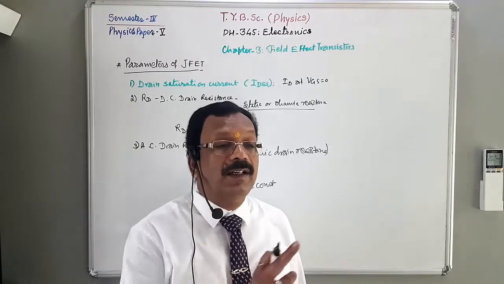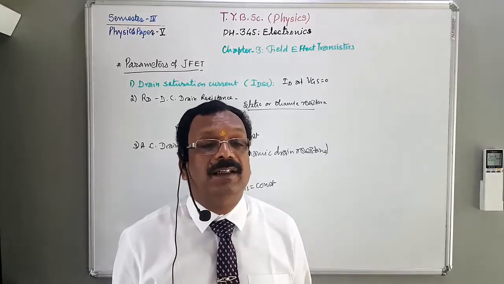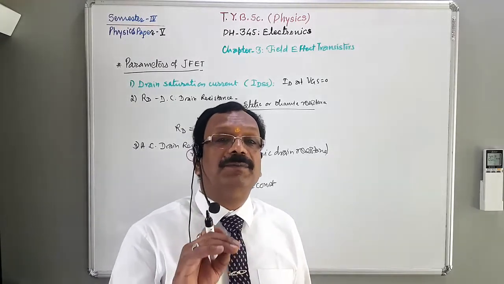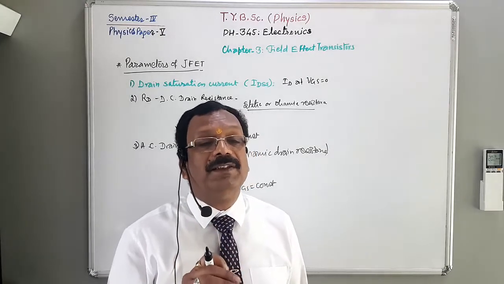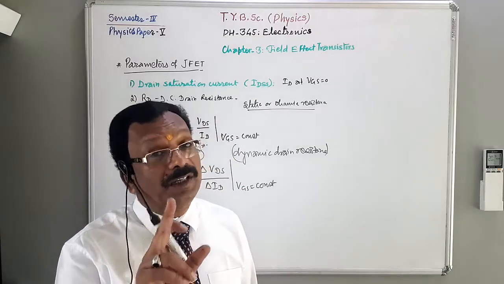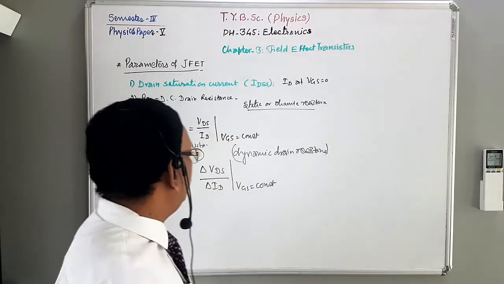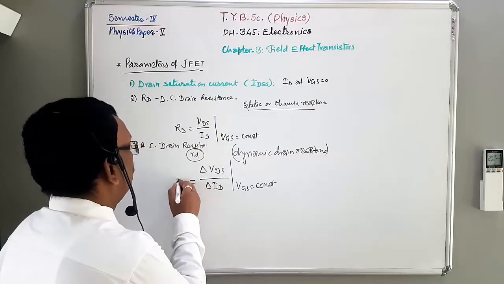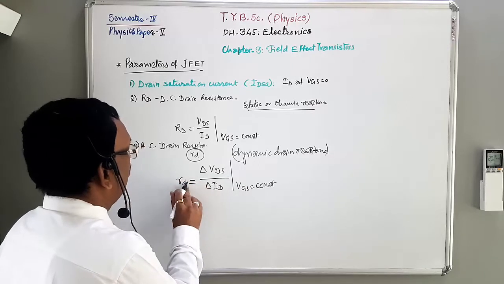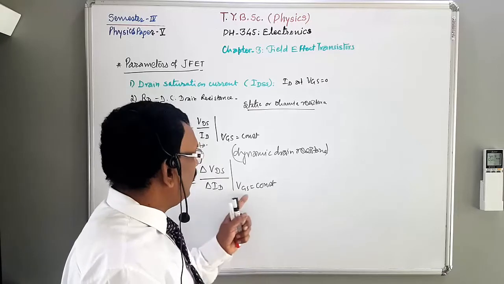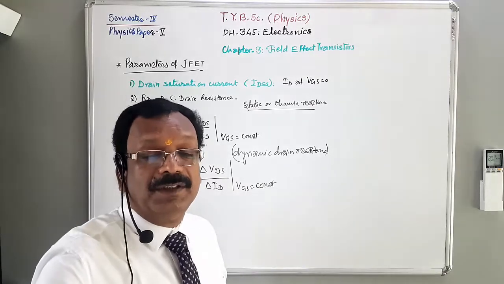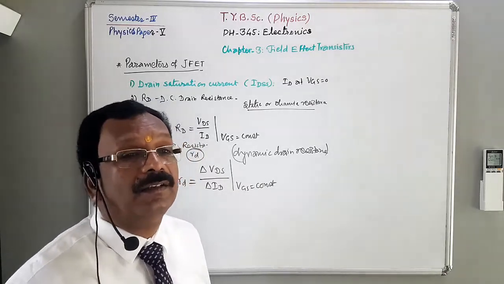It is also called dynamic drain resistance, and it is the AC resistance between drain and source terminal when JFET is operating in pinch off or saturation region. Mathematically this is expressed as rd is equal to delta VDS upon delta ID at constant VGS, or VGS is equal to constant.